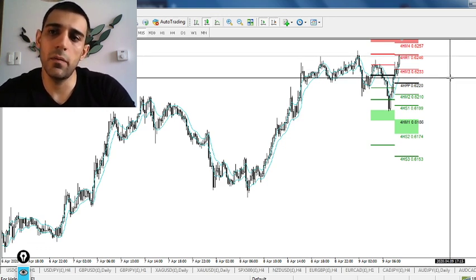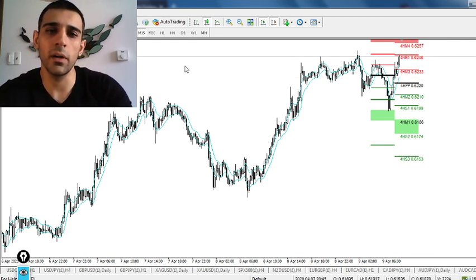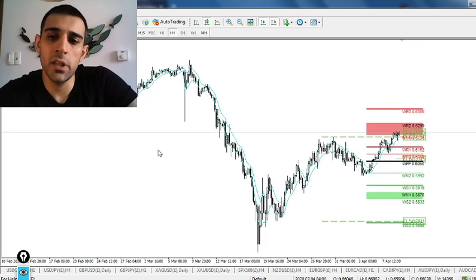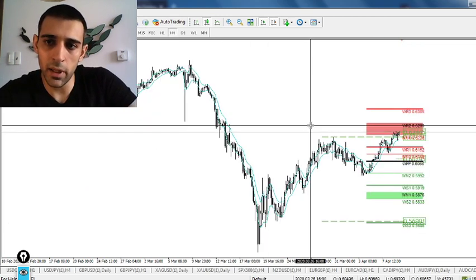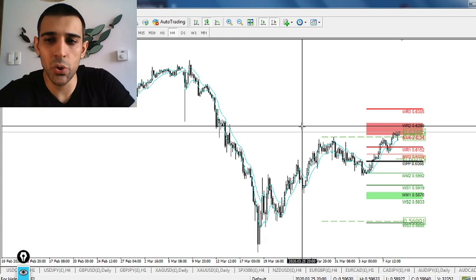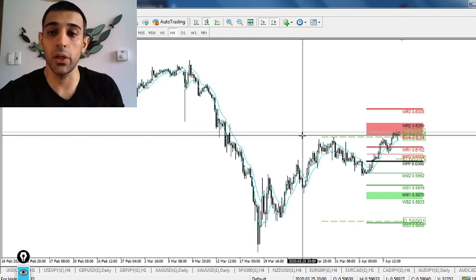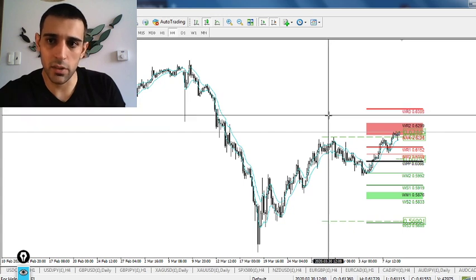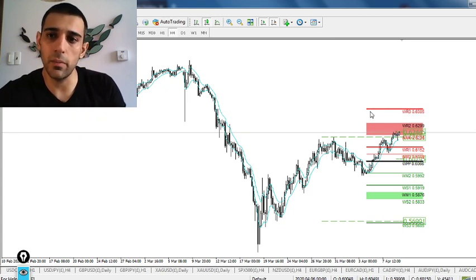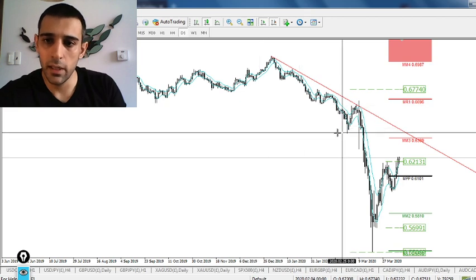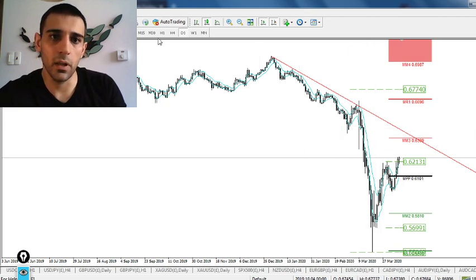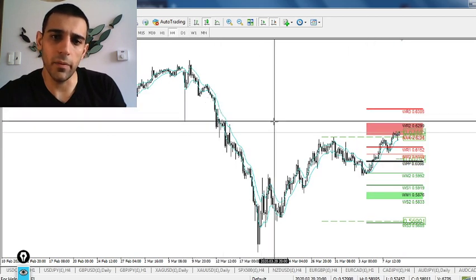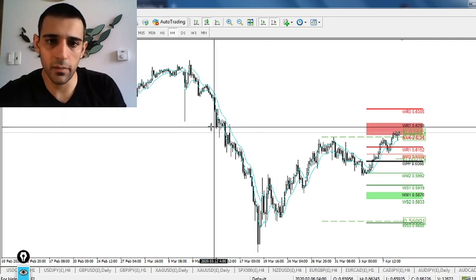It will be looking for about 30 to 35 pips stop on that one, which means that if you're going to run it to this weekly R2, the risk reward is not going to be that good. So you need to hold on to that trade to run it further, maybe even to this weekly R3, or even these highs.